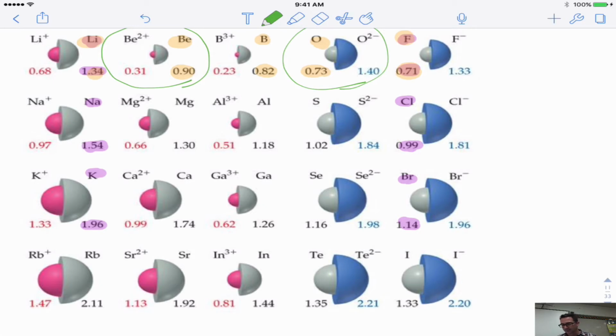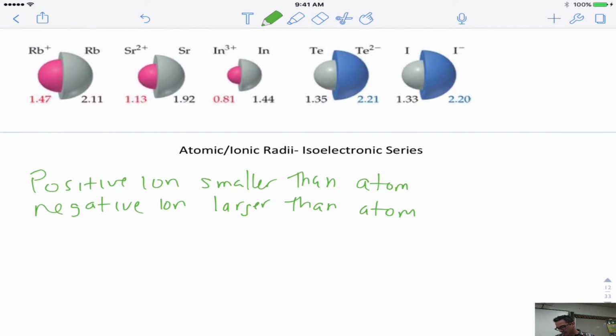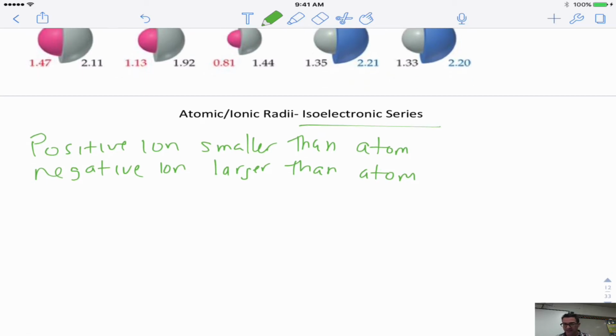Now, there's something important that I don't know was mentioned last year or not, called an isoelectronic series. It's really hard to compare two different species when one has more protons than the other and they don't have the same number of electrons. An isoelectronic series tries to address that.